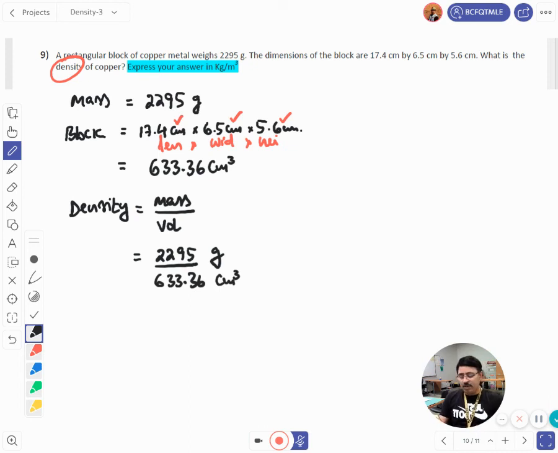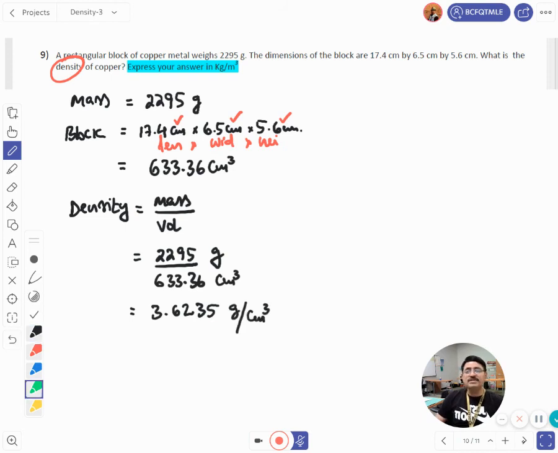Again, I'm taking my calculator. It is 2295 divided by 633.36. That is giving me 3.6235. So this is grams per cubic centimeter.